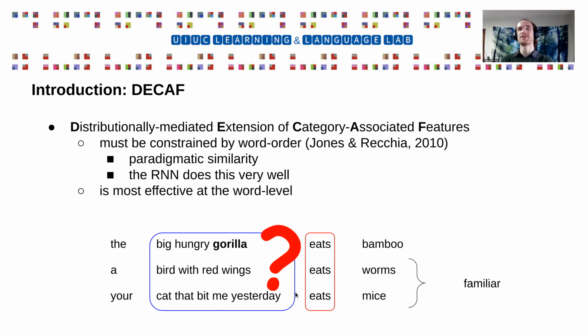There's a question about, well, is it relevant that the cat bit this person yesterday, or is biting relevant to gorilla, or is yesterday, or red wings relevant to gorilla, and is big and hungry important for making these inferences, right?